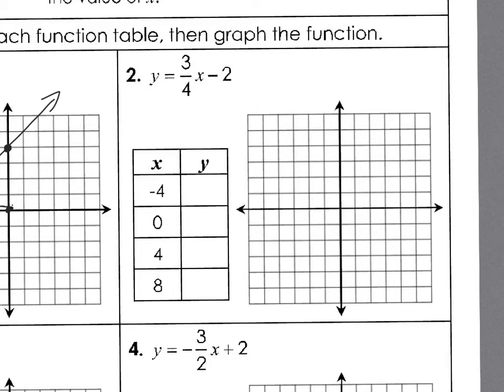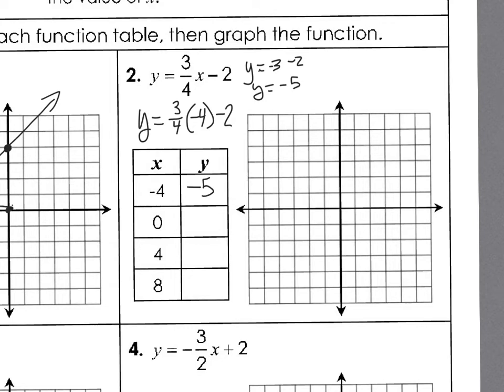So we're going to have y equals 3/4 times x. So x is going to be -4 minus 2. So this is going to end up being y equals -3 minus 2, so y equals -5.